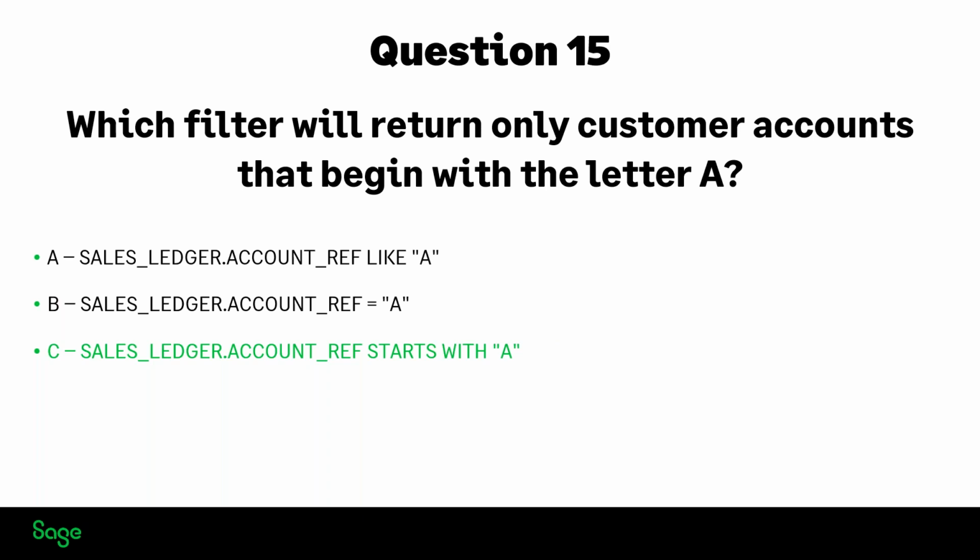So it would need to be A only, and also equals A. Again, it would only return, in this case, one account that was A only. But if you want all customer accounts that begin with the letter A, then it needs to say starts with. Remember, potentially you could include and use wildcards in amongst your filters as well. Again, if you want more information about filters and wildcards, it's in the Help Center.